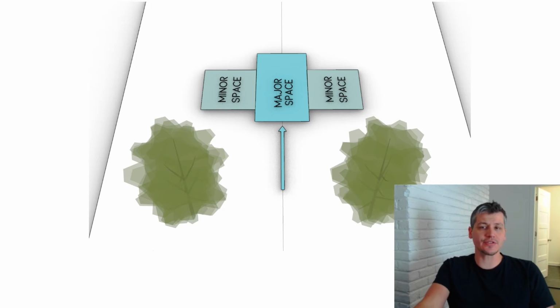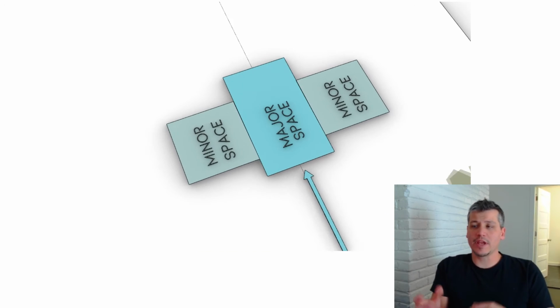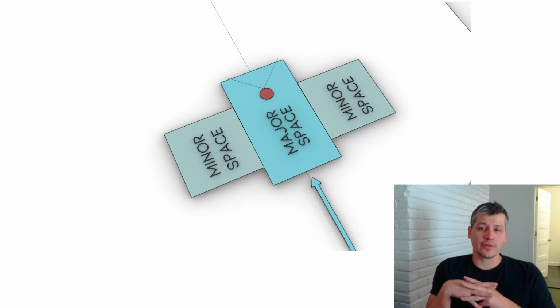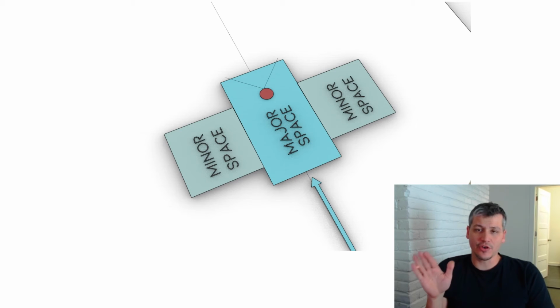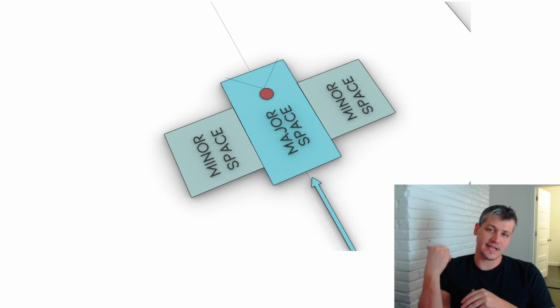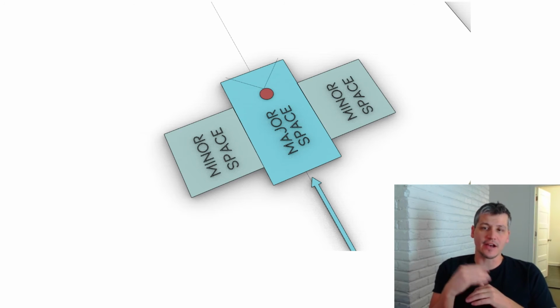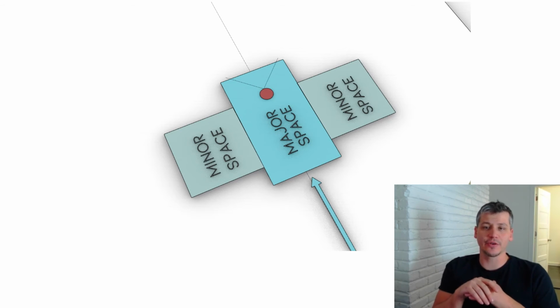Now, again, architecture is not only about the aesthetics, it's not only about the layout and the function of the building, it's also about the user experience. So if we expand on this example a little further, you can enter into the building, you know where the major space is, you know it has the hierarchy, and let's say there's a view beyond this. Let's say in the backyard, if this was a house, there's this large expansive view.